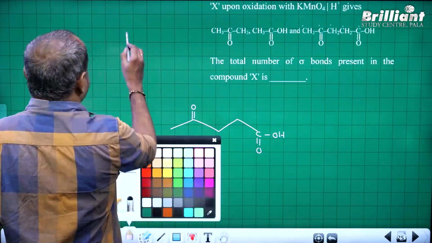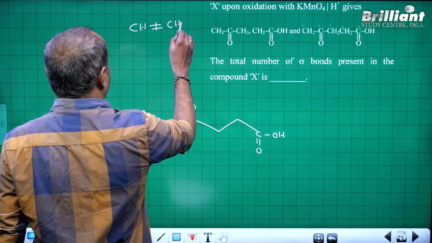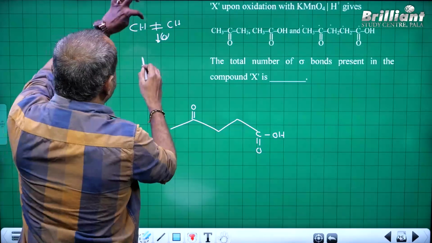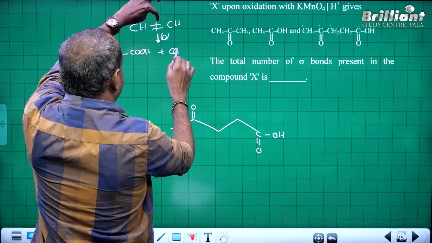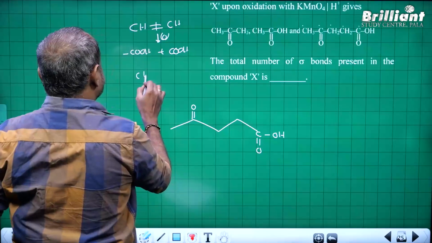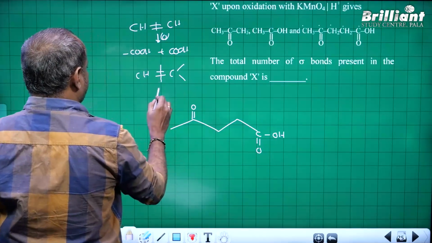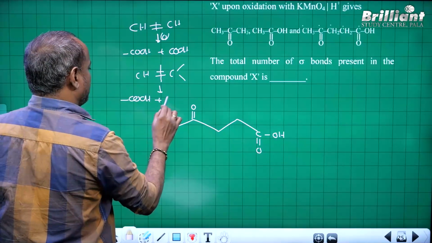Because CH double bond CH on oxidation gives COOH, COOH, H containing. CH double bond CC gives COOH plus ketone.